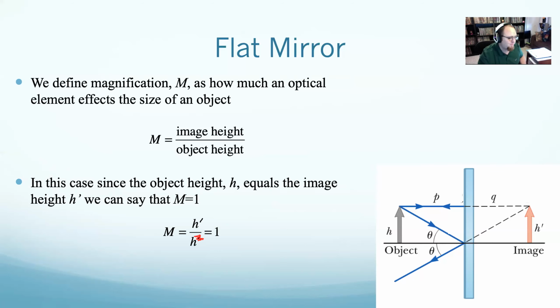I wrote that backwards though. And since h prime and h are the same, that means it has no magnification. This is a magnification of 1. Magnification, which uses the symbol capital M, is a unitless quantity and is just the ratio of how the size changed. For all flat mirrors, there will be a magnification of 1. And yeah, h prime over h, not the other way. I will fix that on the slides.